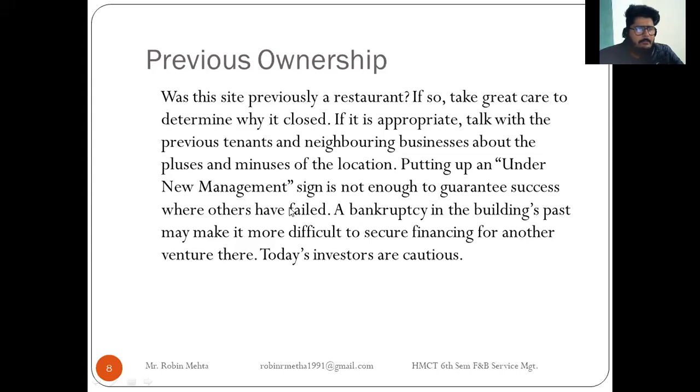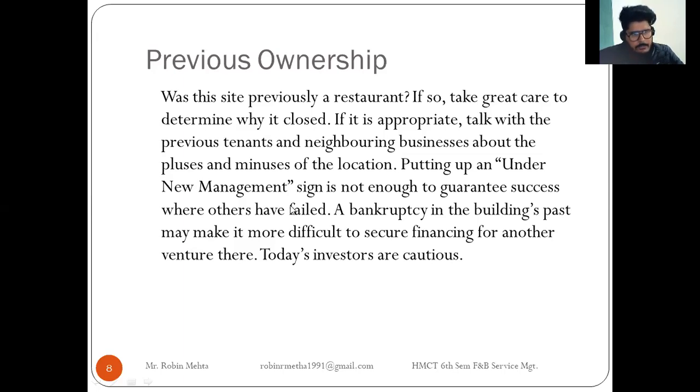That will be helpful to you. And you can also ask the previous owner, whosoever the person taking care of that restaurant, so that you can get an approximate idea why that restaurant got closed.